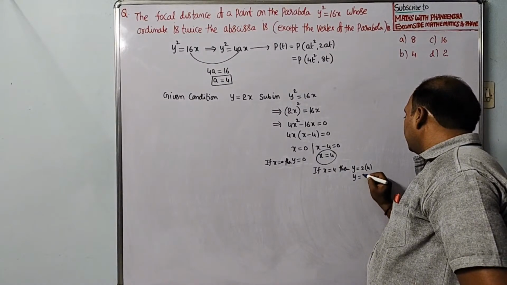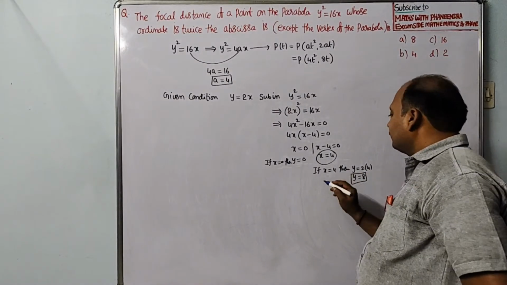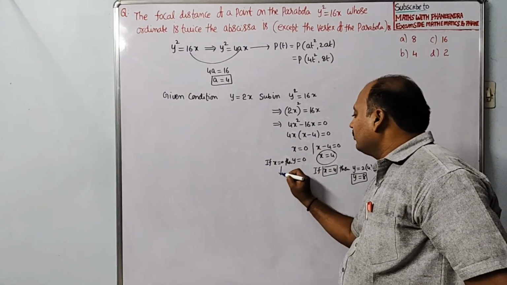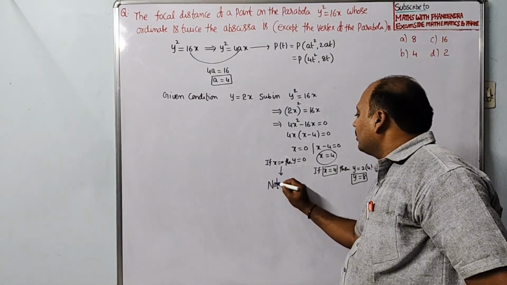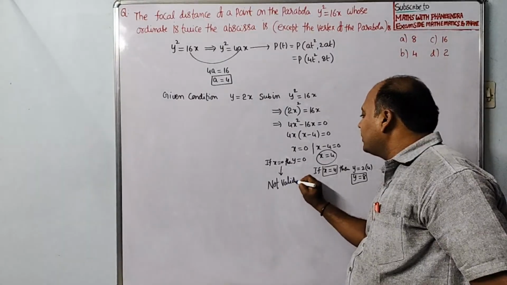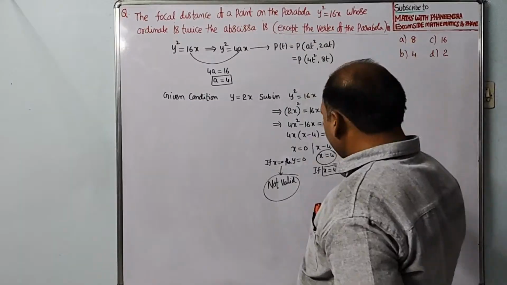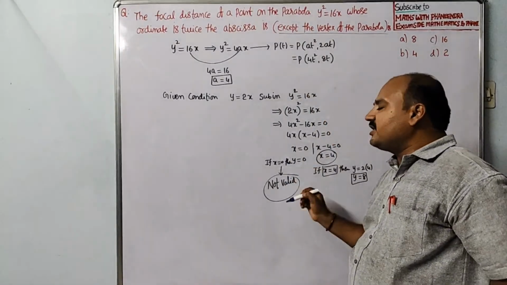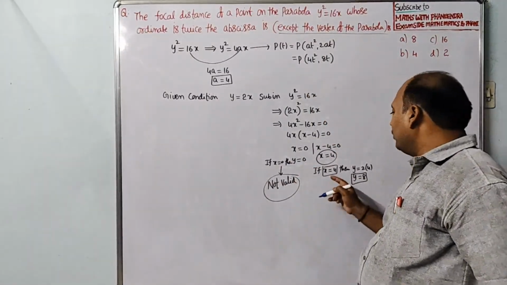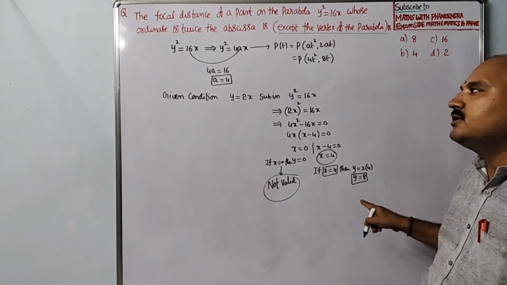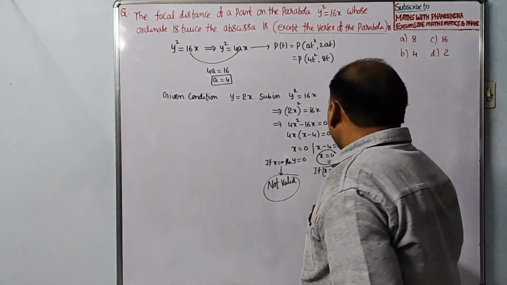So y is equal to 8. Why is 0 not valid? Except the vertex of the parabola. If you take 0, 0, it is the vertex, so it is not valid. Only this one will be valid: x is equal to 4 and y is equal to 8. This is the point.